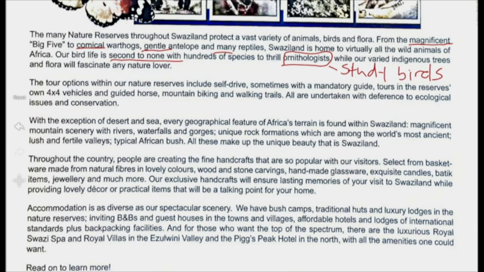With the exception of desert and sea, every geographical feature of Africa's terrain is found within Swaziland. Magnificent mountain scenery with rivers, waterfalls, and gorges, unique rock formations, which are among the world's most ancient, lush and fertile valleys, typical African bush. All these make up the unique beauty that is Swaziland.